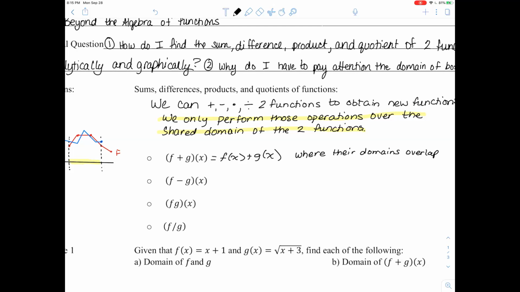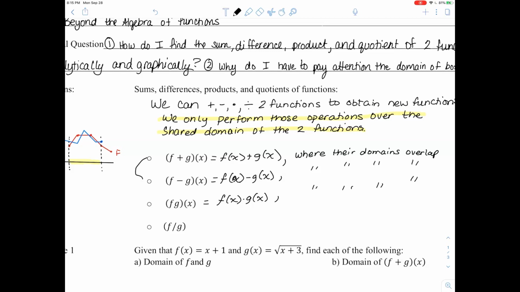So that'll be true where the domains of the first function and the second overlap. This one here is the subtraction. f minus g of x is the same as f of x minus g of x, and you have the common domain where they overlap. And then f times g of x means f of x times g of x, where their domains overlap.